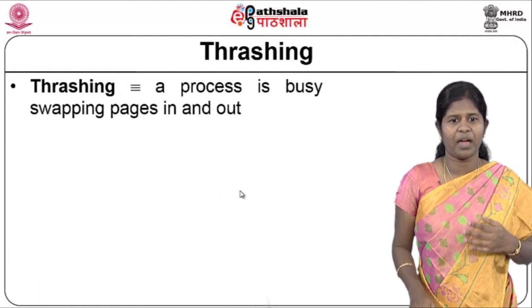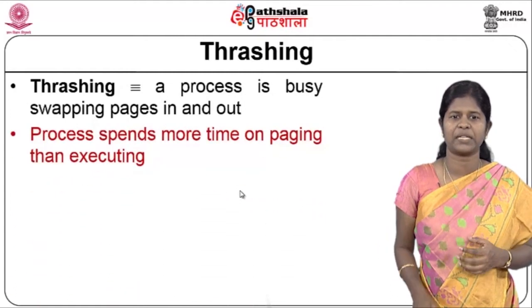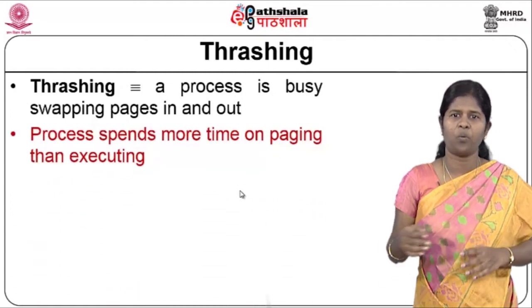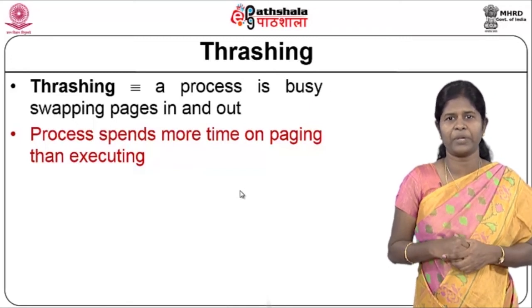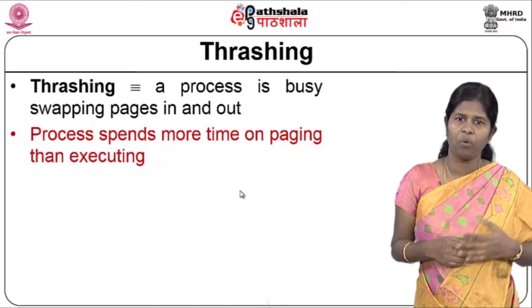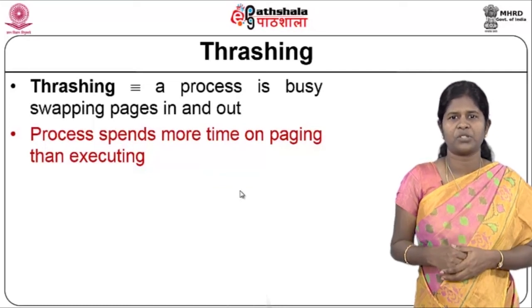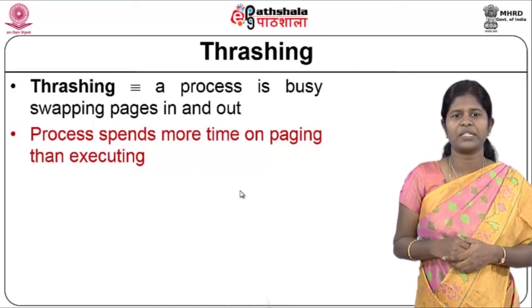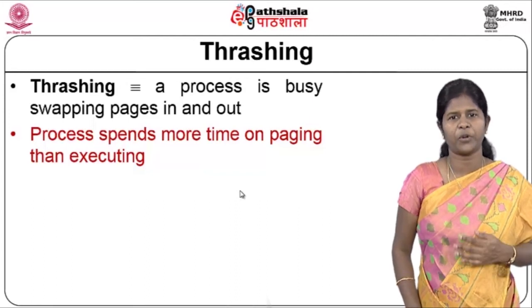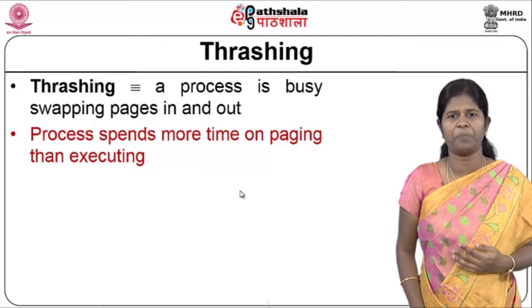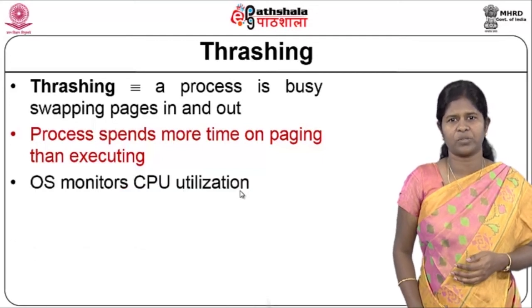Now, there is already only a small amount of space in the physical memory, and now one more process is brought into the physical memory. Because of this, there are again more and more page faults. So, now the system is busy swapping pages in and out, and the process is spending more time on paging rather than executing.